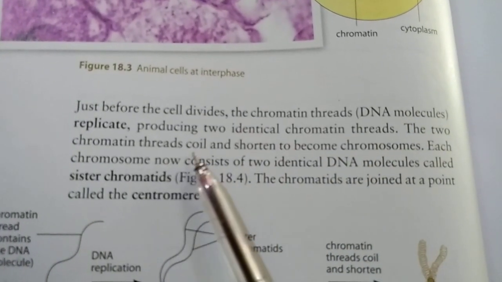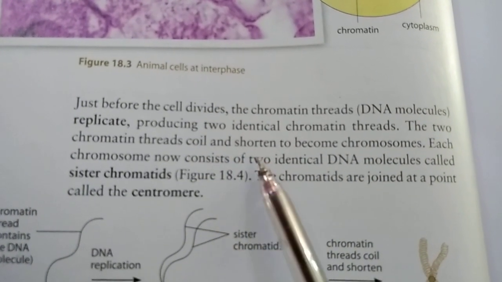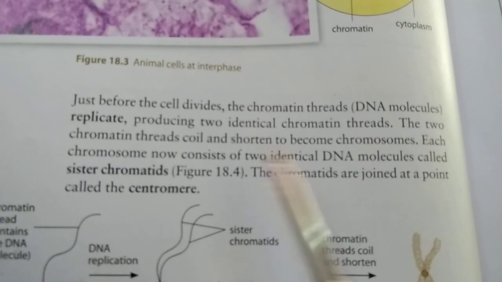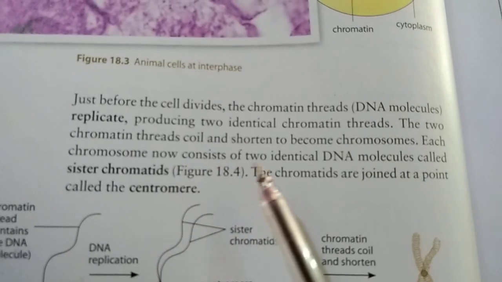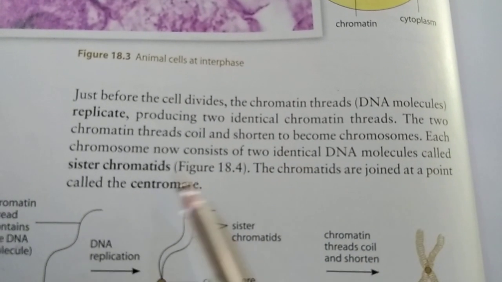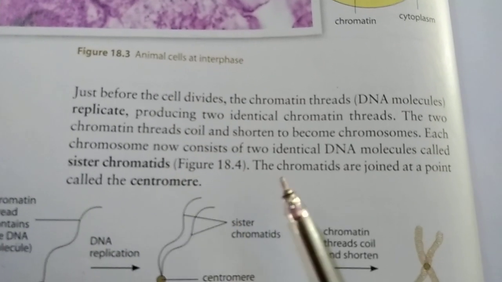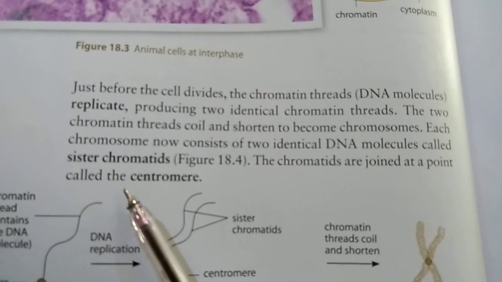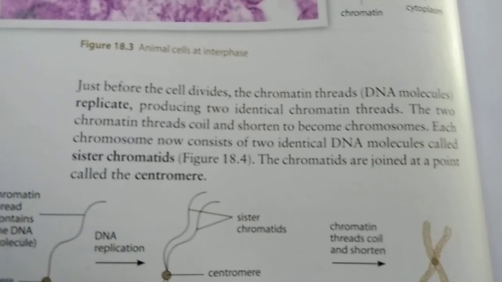The two chromatin threads coil and shorten to become chromosomes. Each chromosome now consists of two identical DNA molecules called sister chromatids. The chromatids are joined at a point called the centromere.